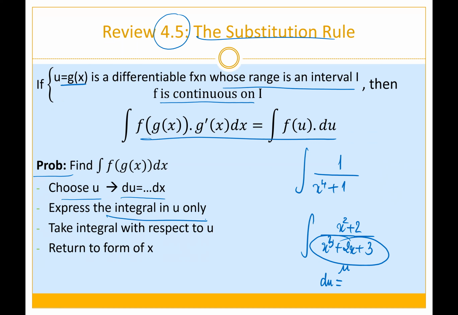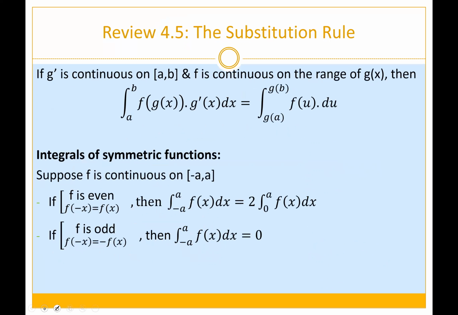So before you do anything more with the integral, make sure that you put it all in one variable. Then take the integral with respect to u. And finally, when you've gotten rid of the integral sign, you return to the form of x based on our initial substitution. Let's do some examples later to see that.